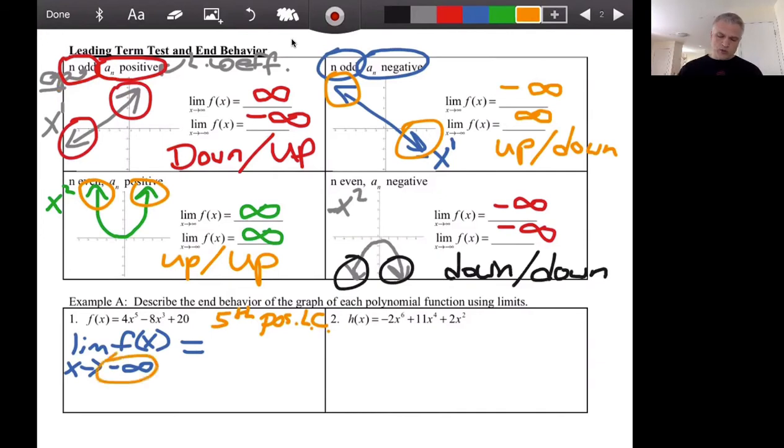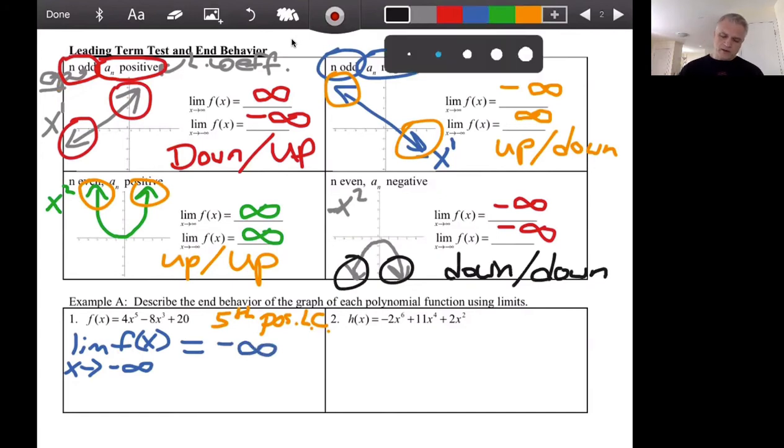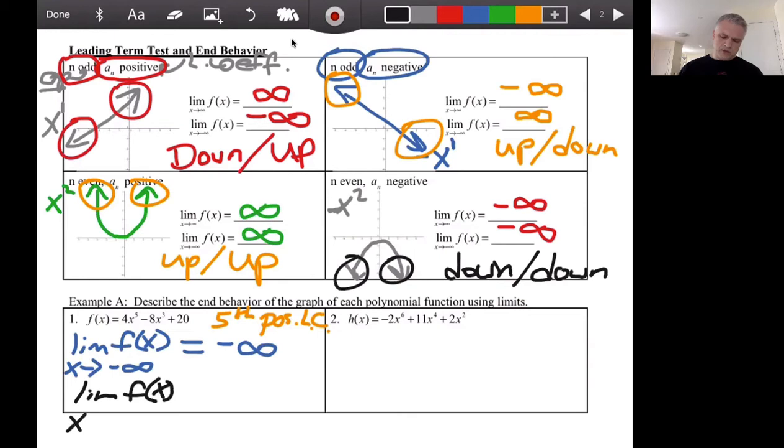So as we go towards negative infinity, the y, or f of x, values approach negative infinity. And then the limit of our y's, or limit of f of x, as x goes to the right, so x goes to infinity, that limit is, well, it's a down-up. So it's going up to infinity.